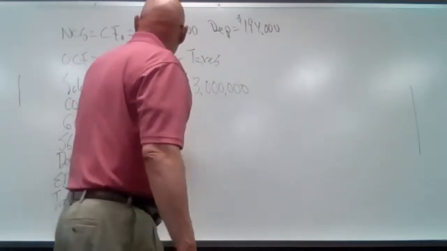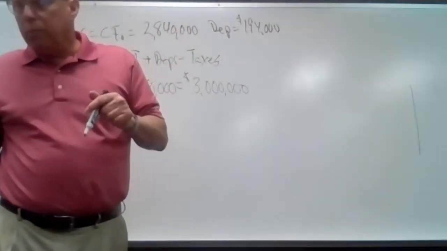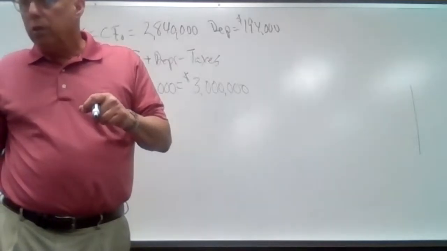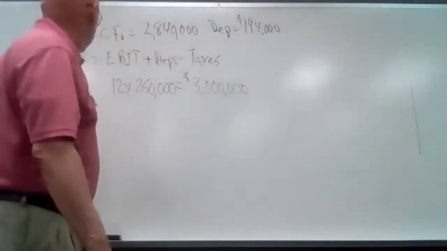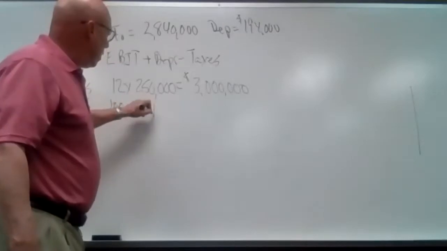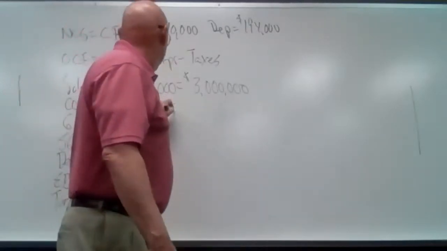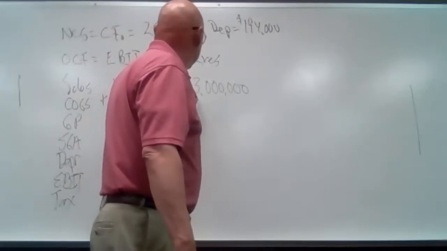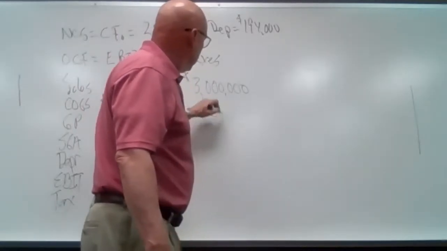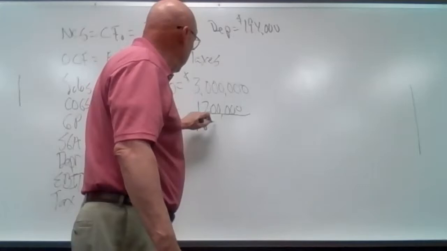All right, thank you. Now, cost of goods sold, $100,000 per project. So 100,000 times 12 is 1,200,000. All right, so gross profit is 1,800,000.